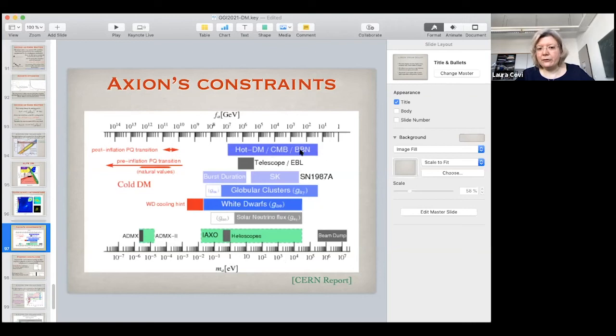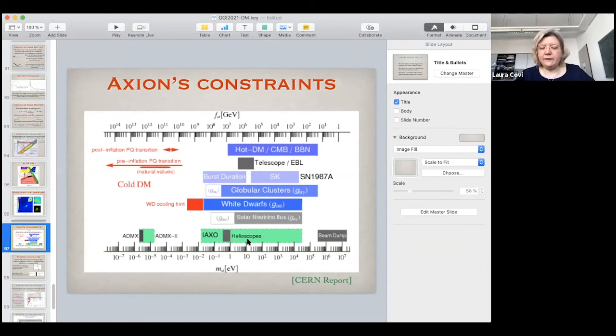The nucleosynthesis bound connects to having additional degrees of freedom in radiation, and the CMB constraint is also connected to the decay of the axion. If you have too many axions decaying, they would actually create an additional component in the CMB and distort the spectrum. But then you have also other types of experiments.